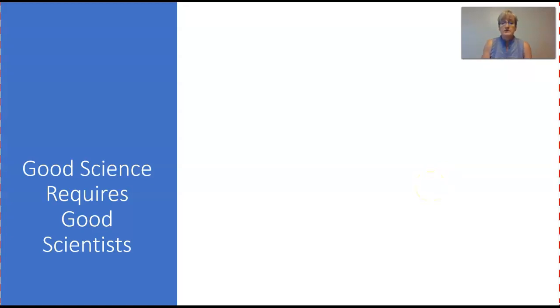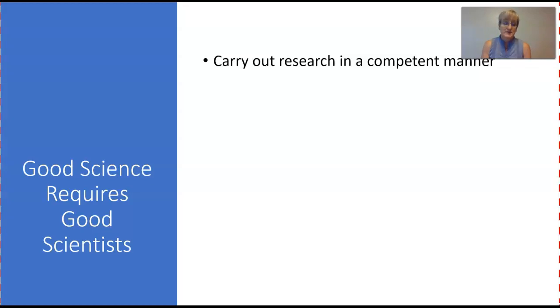So your authors start with this idea of what good science requires. The number one thing first is that when you do good research, you do research competently. I remember very specifically when I was in graduate school, a study was done by a group of grad students who really just did not think through what they were doing. Their design was flawed from the start. The logic of their question was flawed from the start.